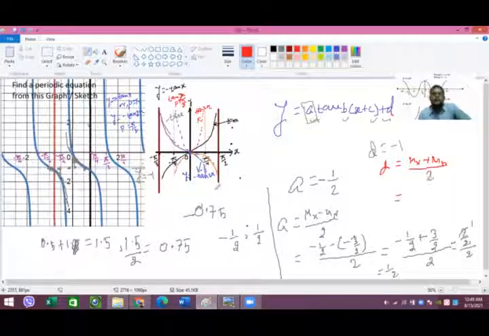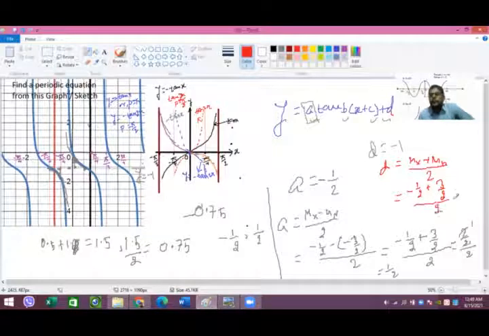You can see that the maximum value in this part of the curve is negative half. So maximum is negative half. This is minus 1/2 plus the minimum value. You can see that up to here is 1, and then half a unit down. So 1.5, means it is 3/2, and the whole thing divided by 2.